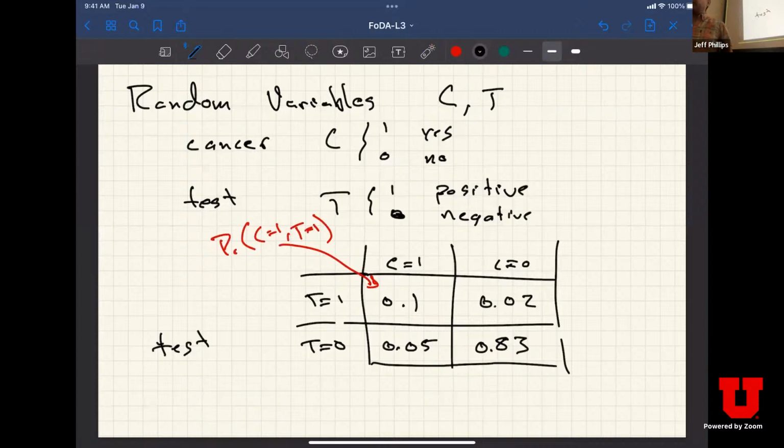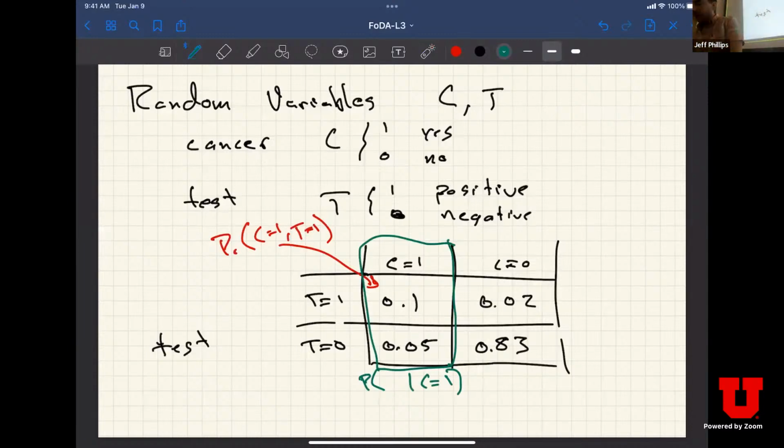So these are the only cases we're going to consider. And then there are a couple of things we talked about. Let's say conditioned. We want to think now about conditioned on the cancer being true, right? So the probability of something given that the person being tested does have cancer. We're now conditioning on this case here.